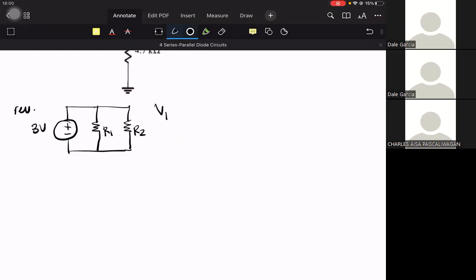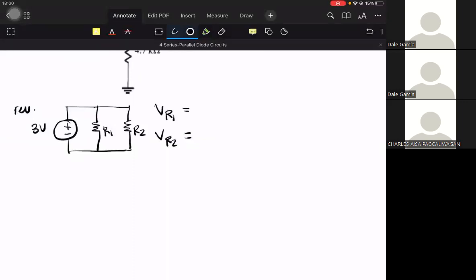How much is the voltage across resistor 1 and how much is the voltage across resistor 2, without solving? Kung may answer sa chat, pwede na nyo i-type.